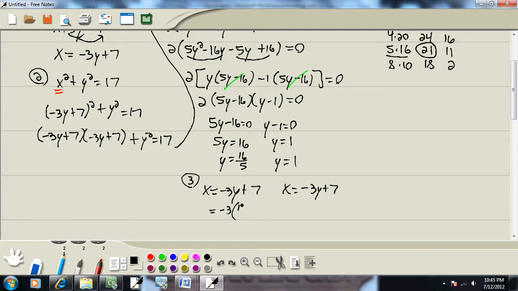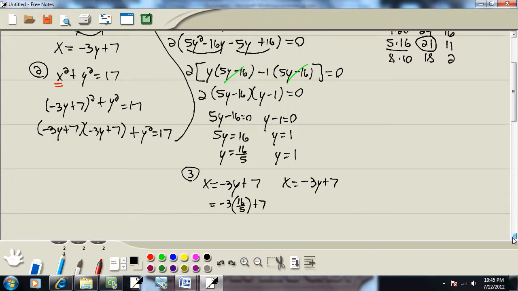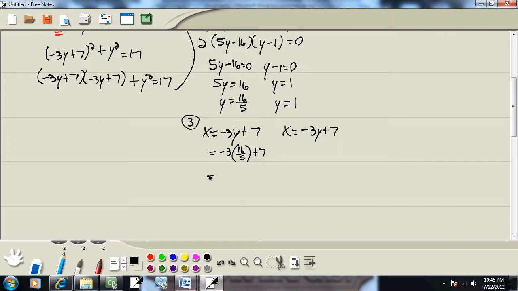So I got negative 3 times 16/5 plus 7, which gives us negative 48/5 plus, and I'll rewrite this one as 35 over 5. Getting a common denominator. 35 divided by 5 gives us 7. Negative 48 plus 35 gives us negative 13/5.